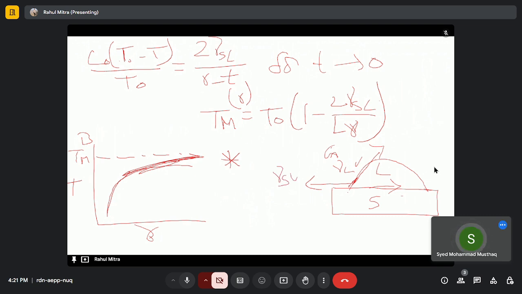Now balancing, and suppose this is the contact angle, or you can say this is the angle which it makes with the surface, theta.